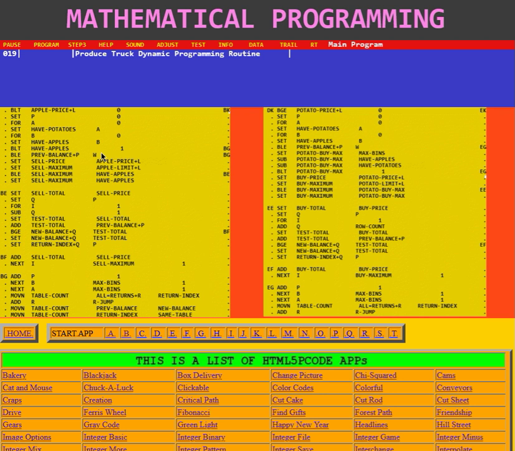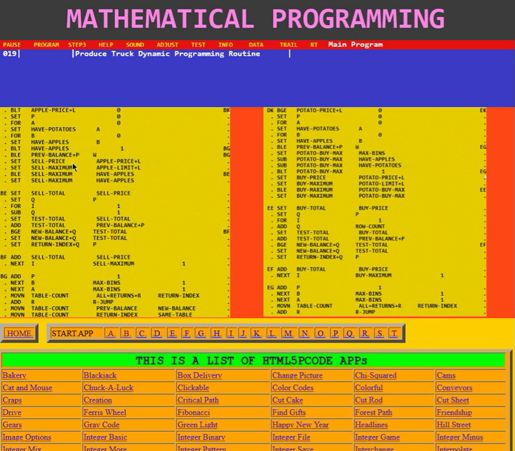It's a very high negative value, which is used to say we don't have a previous balance. So the same thing happens as not having apples. Also, the previous balance of apples doesn't exist. So we go to BG, and we go down here again and increase P to the next previous.